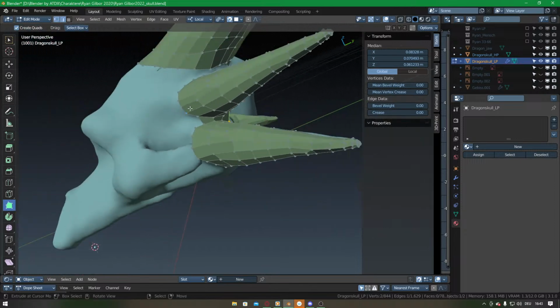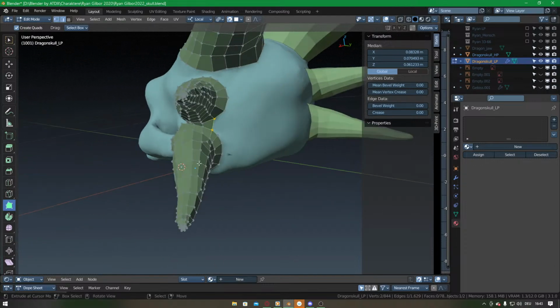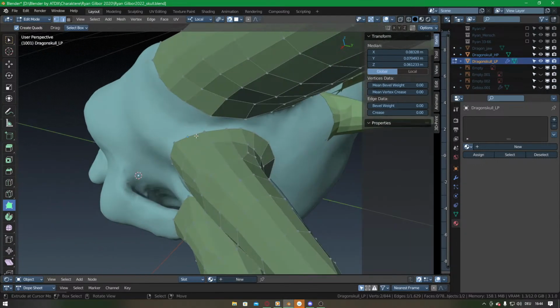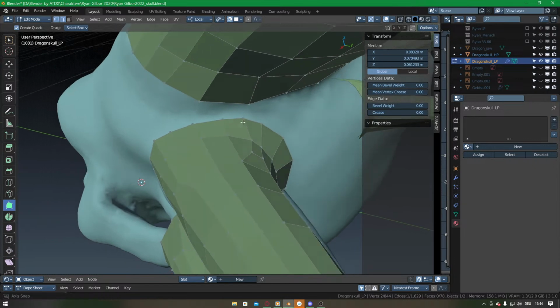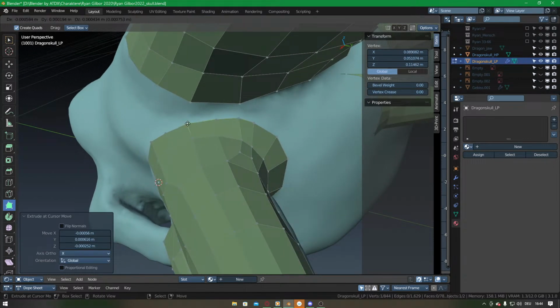Hold on, he doesn't have... I just thought I need to make ears, ear holes. No ear holes. No holes necessary. So what am I doing here?